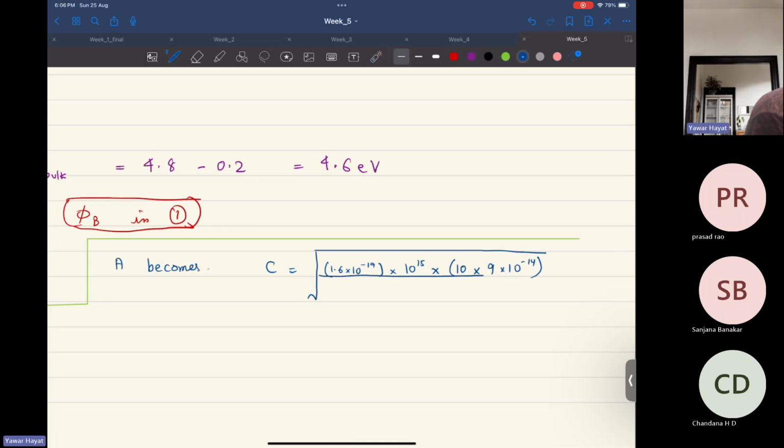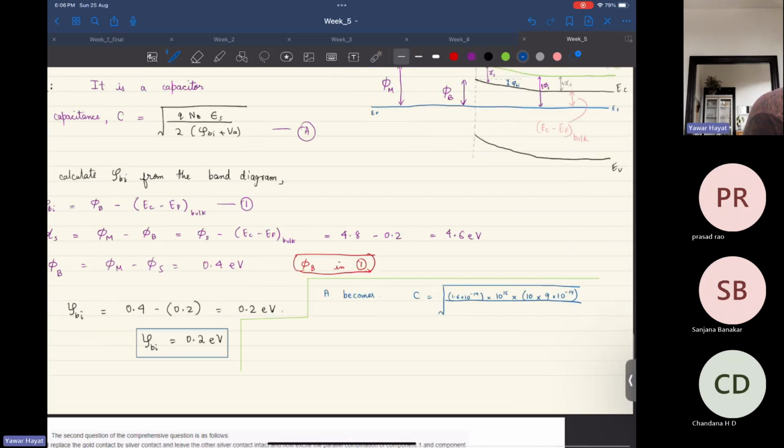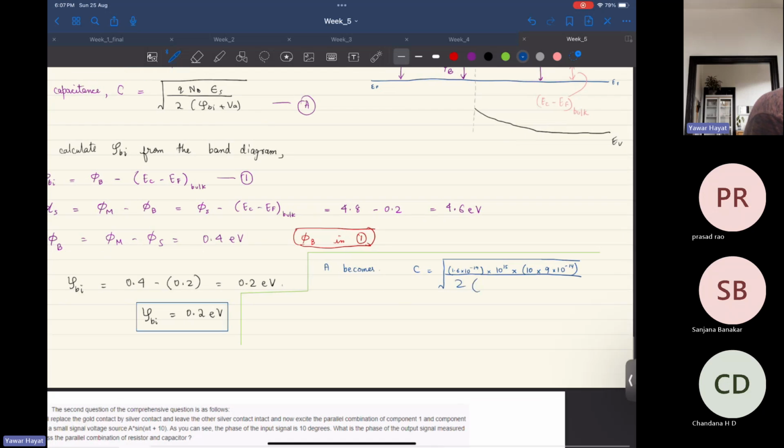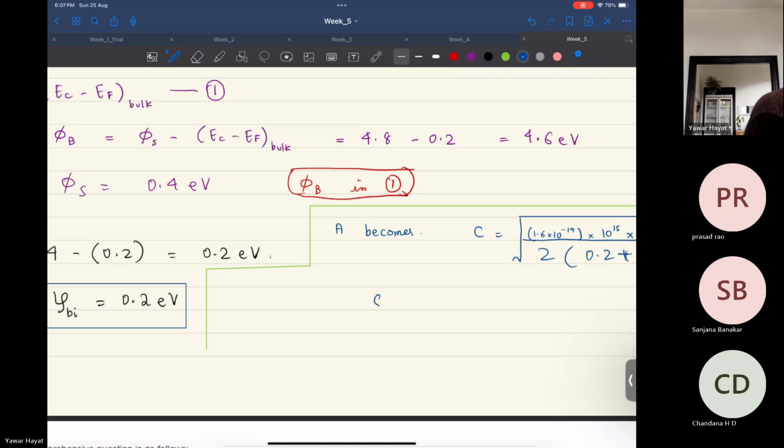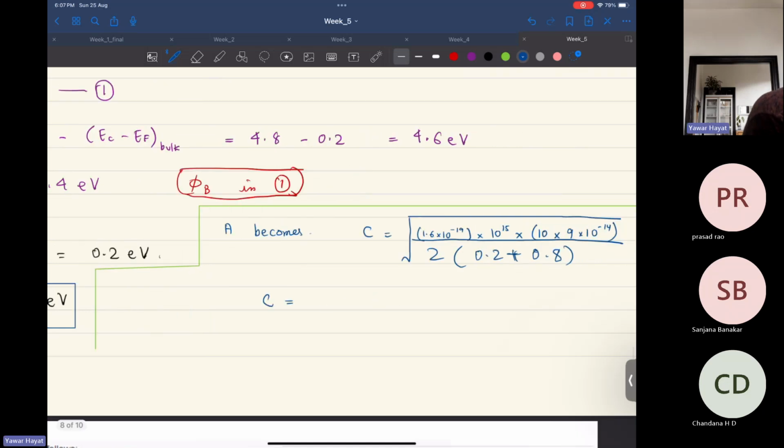And this is whole divided by 2 times 0.2 plus 0.8. Fine. And C would be equal to root of 72 times 10 to the power minus 9.